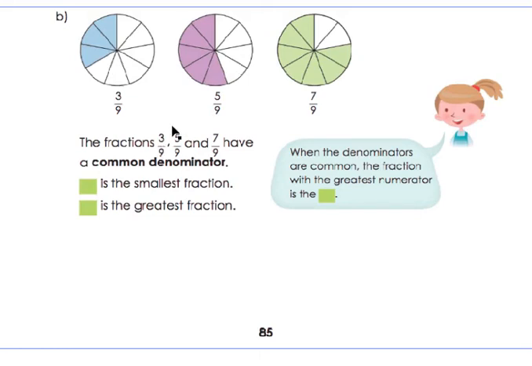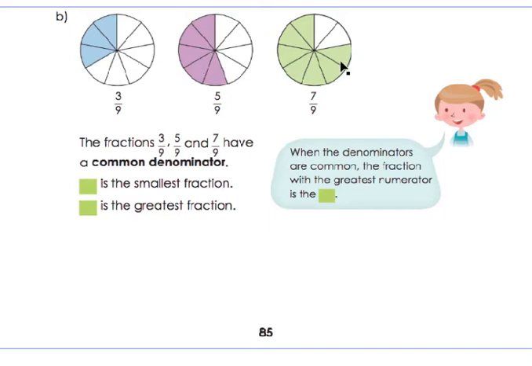Here we color 3, here we color 5, here we color 7. So now like this, you can easily see which is the biggest. When they have the same denominator, that's like normal numbers. The biggest number at the top tells you the biggest fraction.